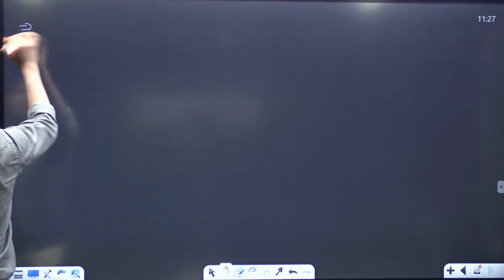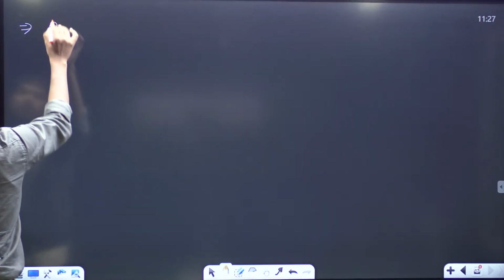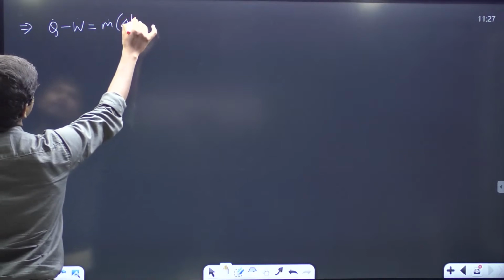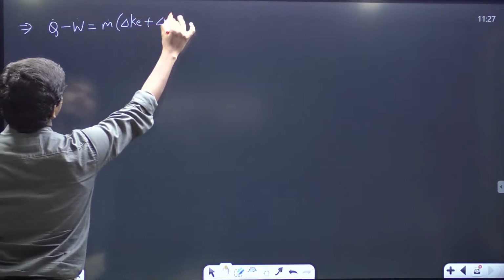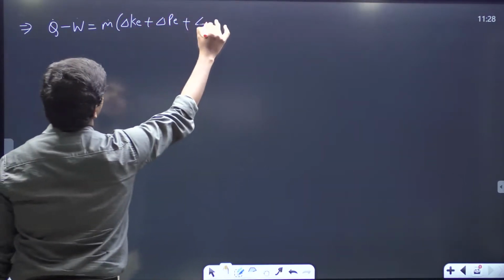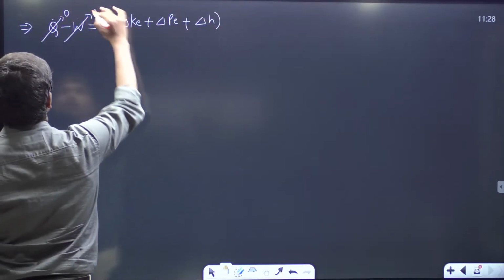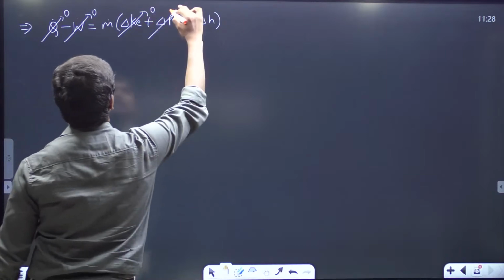So this implies Q dot minus W dot is equal to M dot into delta KE plus delta PE plus delta H. So these two are zeros, and this kinetic energy and potential energy are neglected.